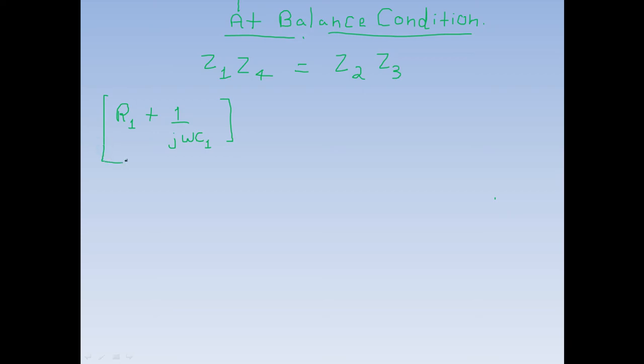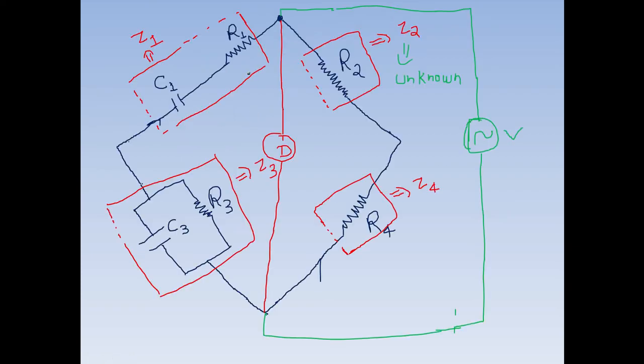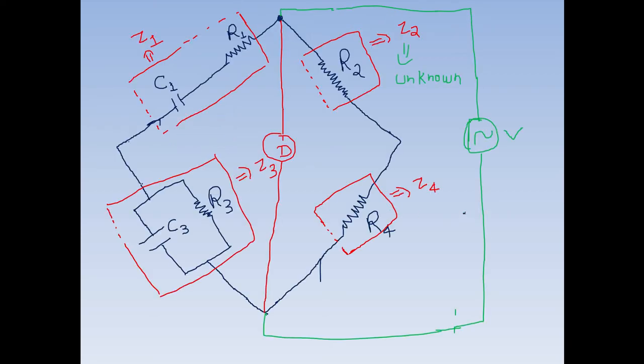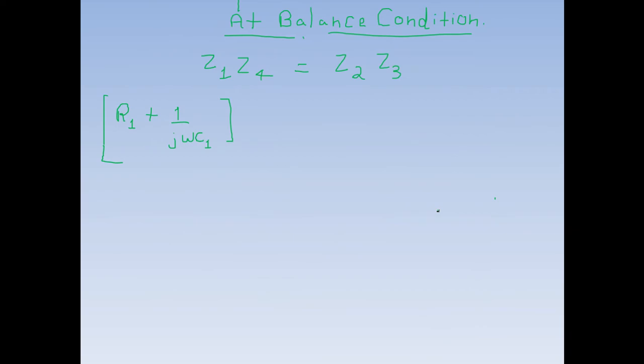This is our Z1, because R1 is having resistance R1 and C1 is having impedance 1 upon j omega C1. So R1 plus 1 upon j omega C1, multiplied by Z4. Z4 is having resistance R4.